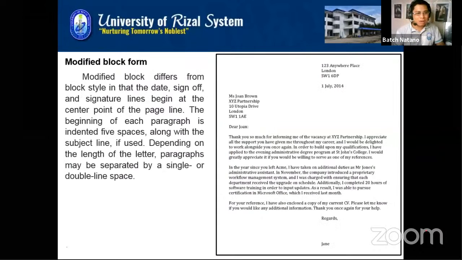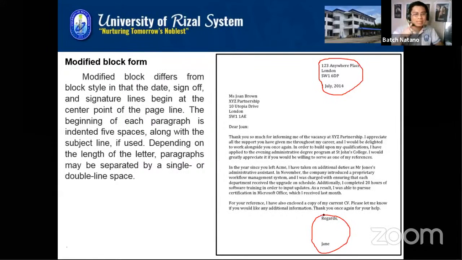Then we also have the modified block format. You notice that we move the heading and the date to the right side, or the right margin. Also, the signature and the complimentary close are on the right margin.